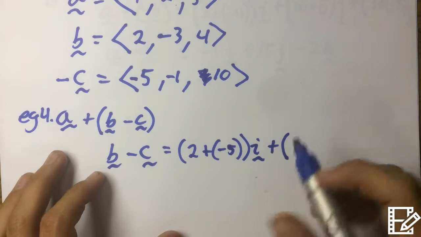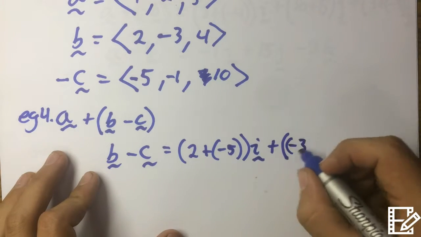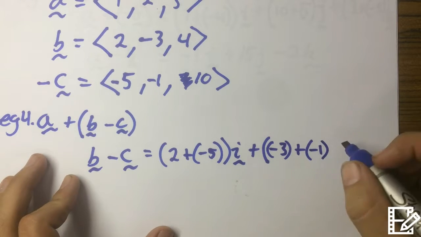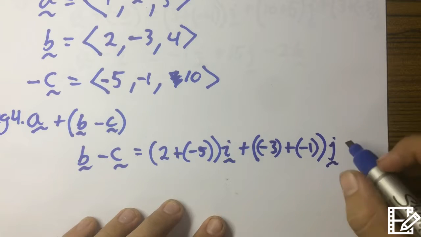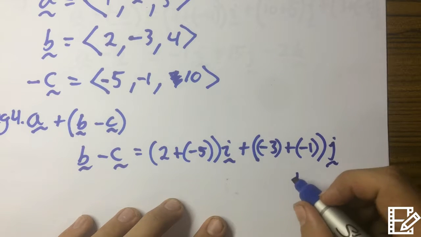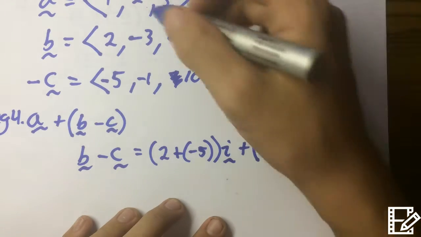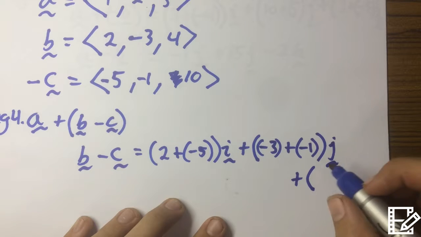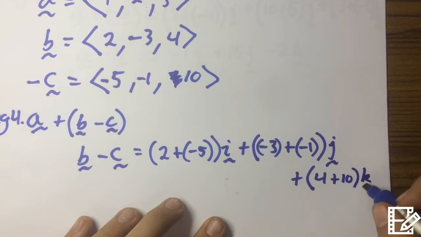I'll do that for the next one actually. Anyway, so we group our j's. So we have negative 3 plus negative 1 in the j direction, and then I can't fit my k, so I'll put plus. K is 4 plus 10 k direction.